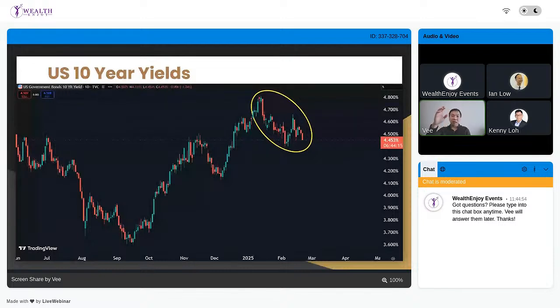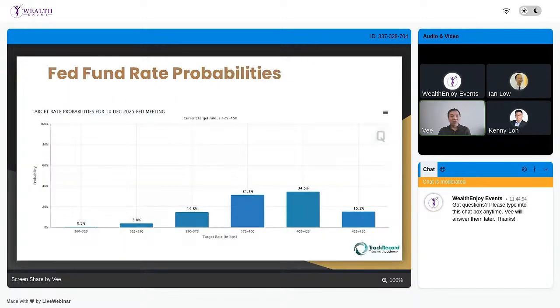So what has happened is that US bond yields rose into the elections, and post the elections and post Trump taking control of the White House, they have come off. As a reminder, the Fed probabilities have in fact come off, so there are fewer cuts projected, but interest rates for the US government in the longer maturities have been coming off.